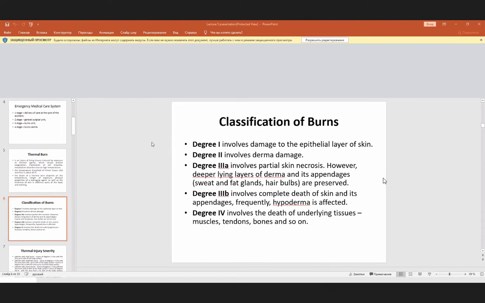Depending on the ability for spontaneous healing, burns are classified into superficial, degrees 1, 2, and 3A, and deep, degrees 3B and 4.